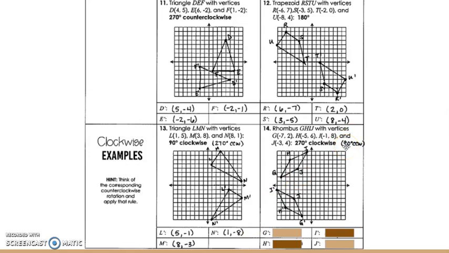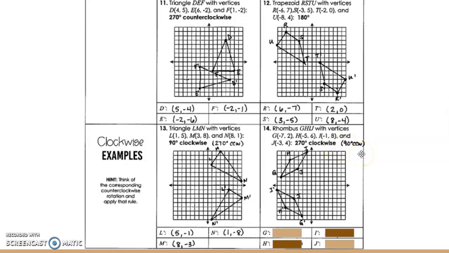The other clockwise example we have is a 270-degree clockwise rotation. So if it's a 270-degree clockwise rotation, we want to figure out what that would be for our counterclockwise. That's going to end up being a 90-degree, so it's sort of backwards.